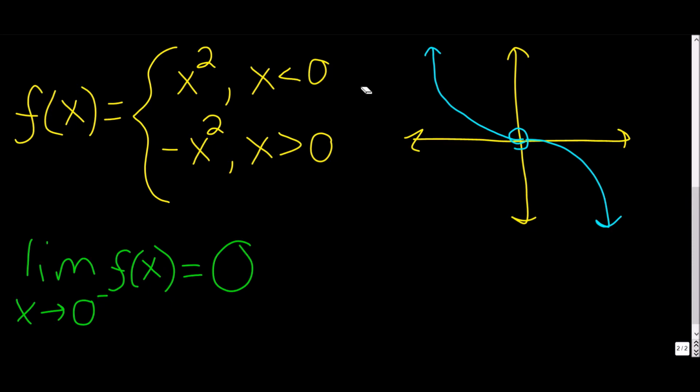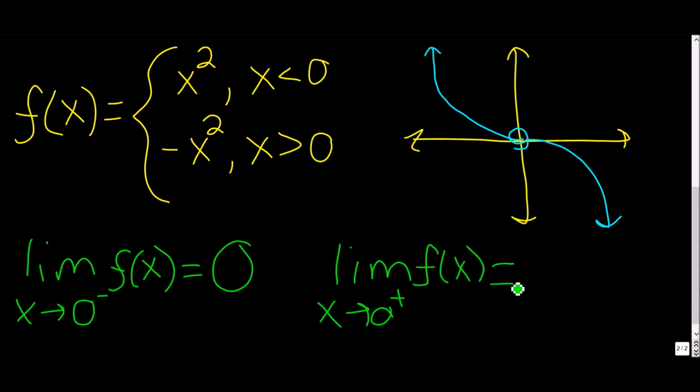Now what's happening when we've got our limit as x approaches 0 from the positive side of 0? Well, if we look at this section here, it looks like, again, we're still approaching 0. So from the left side and the right side, both say that our limit is going to be 0.